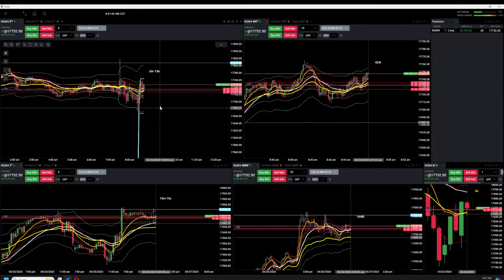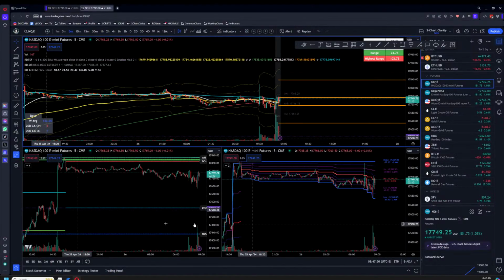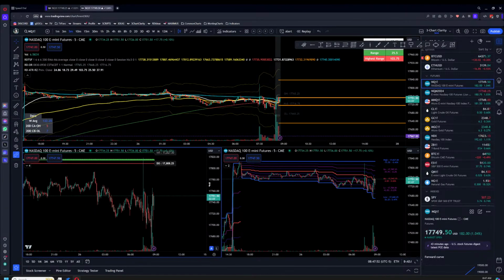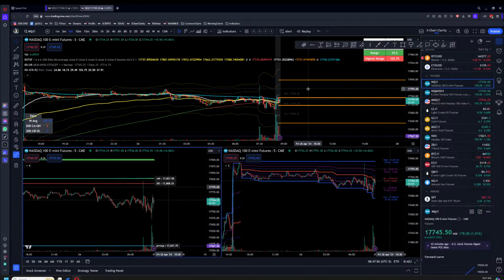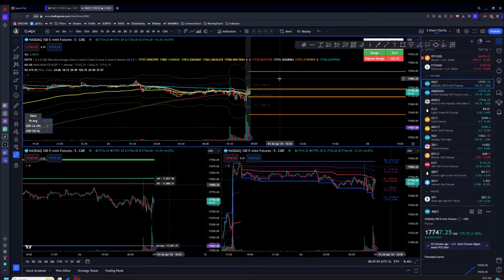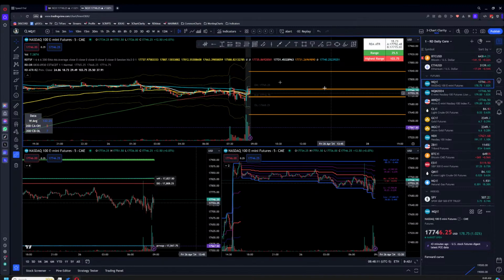Where are my key levels? Oh, I need to be in the right chart. I need to be not a dumbass. So these lines here, what you're seeing here is, this first line is the ATR. So that is the Rexdog ATR.